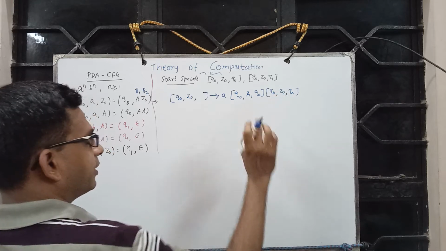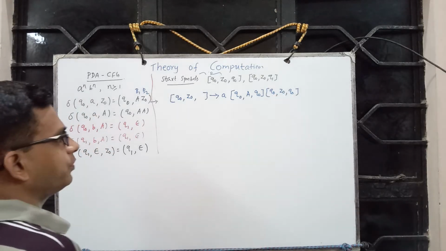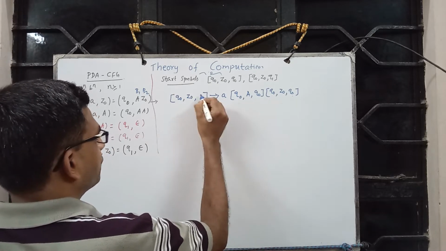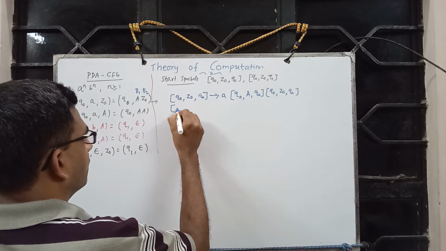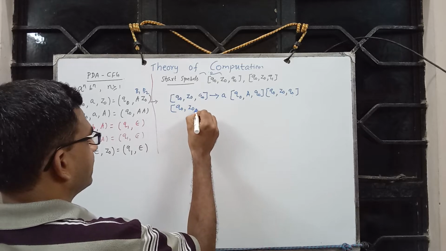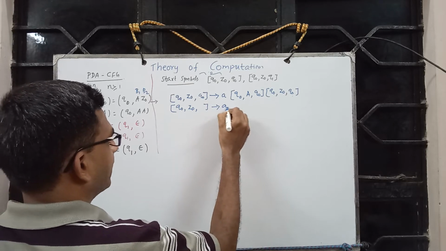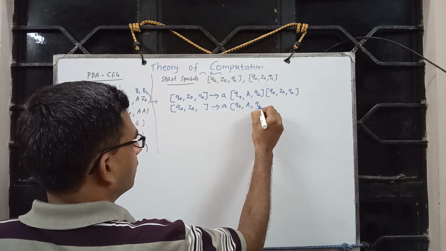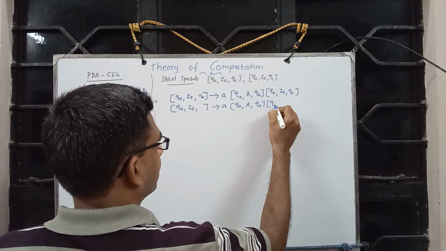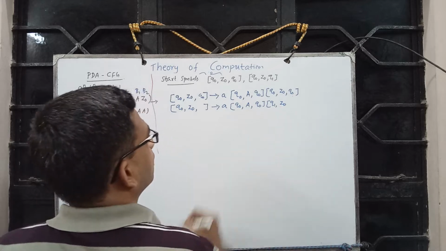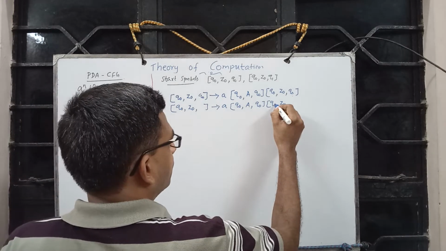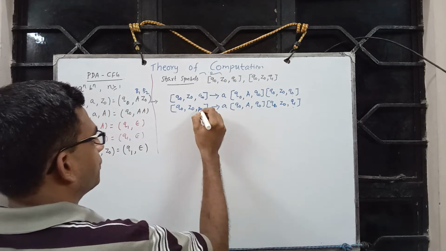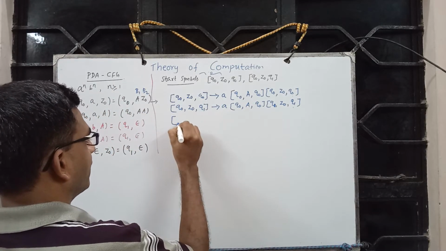This one could be any qi from Q, so we look at possible values. Since this is ending in q0, this is q0. Or q0 Z0 implies a, q0 A q0, q0 Z0 q1, since this is q1.